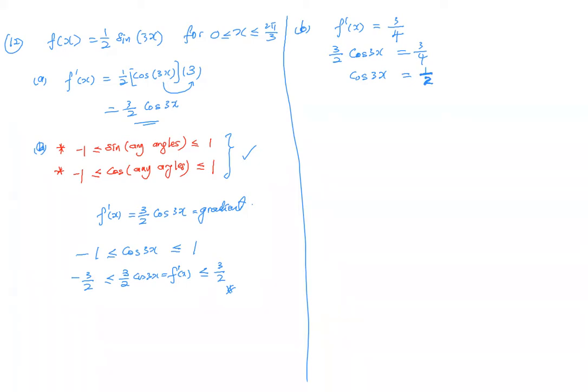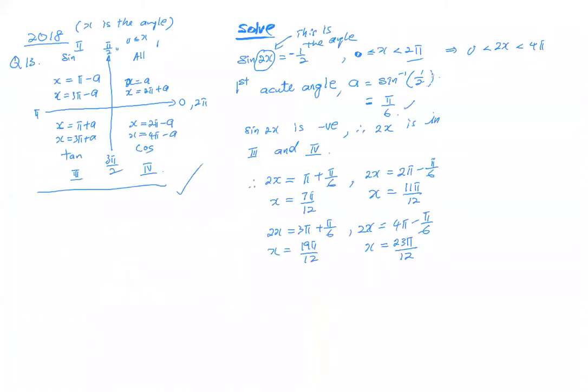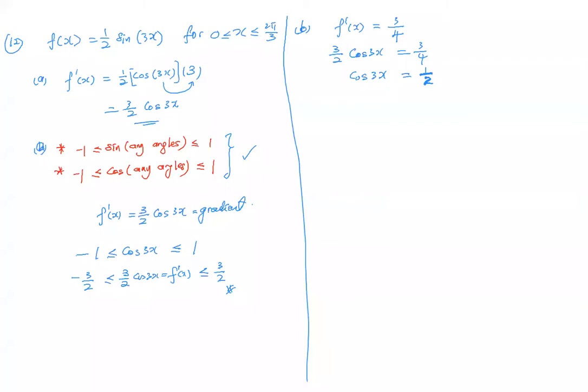So now we go back to this concept. So how do we do it? Acute angle equal to cos inverse of half. That is pi/3. So do you jot down the table that is in your textbook? That is pi/3.